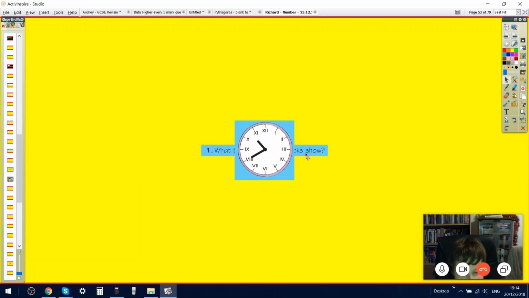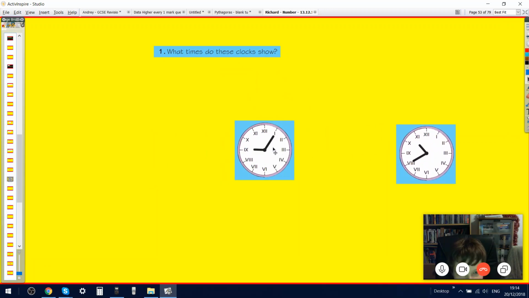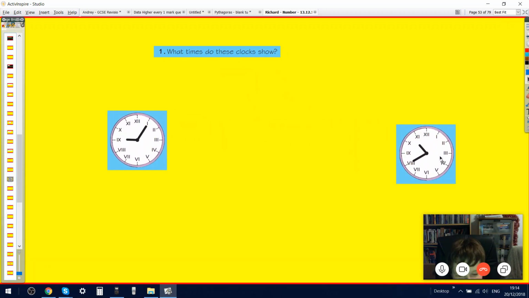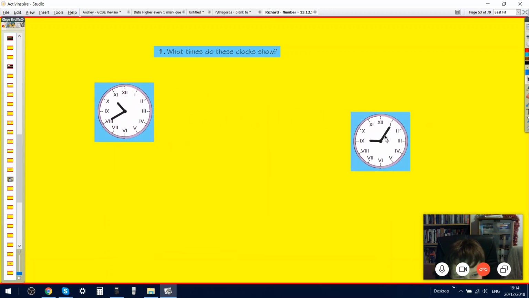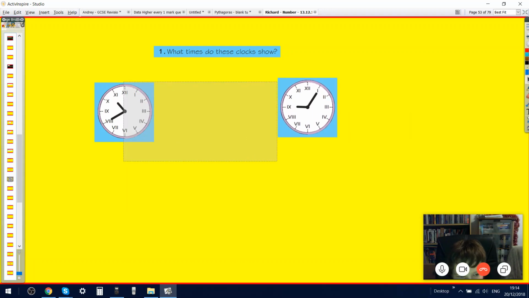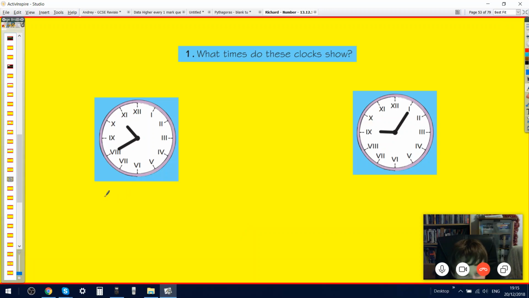Okay, this one, you have to say the time on the clock. So let's do the first one there. The first one on the left hand side, the hour hand, I think, is pointing at the 8.